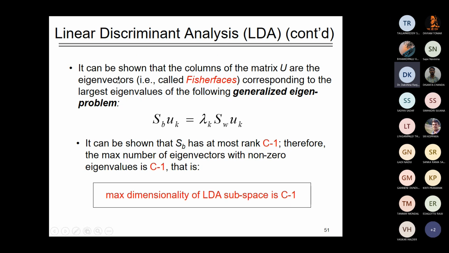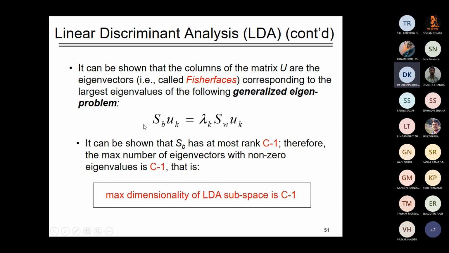Here we can show that the columns of the matrix U are the eigenvectors, which are also called the Fisher spaces, and they correspond to the largest eigenvalues of the following generalized problem. Here we get the between class scatter matrix multiplied with the unit vector u_k, which is equal to lambda_k, the eigenvalue, multiplied with the within class scatter matrix, again multiplied with the unit vector.